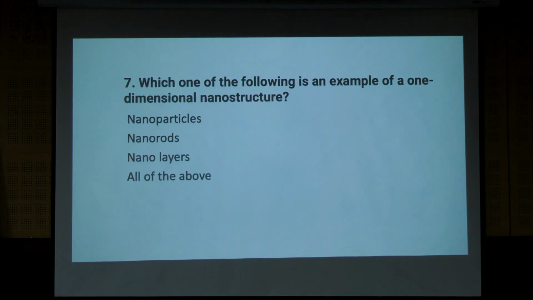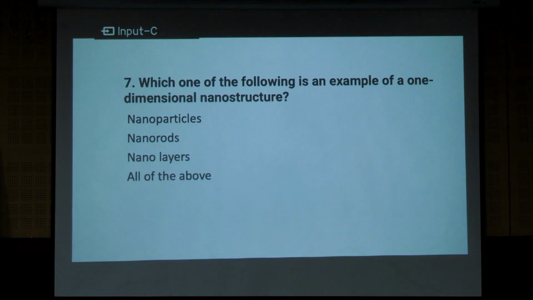Which of the following is an example of one dimension? Nanorods, lines, wires, or rods.